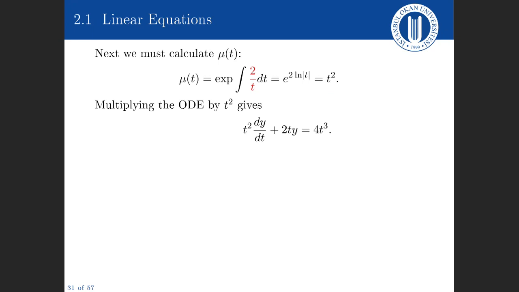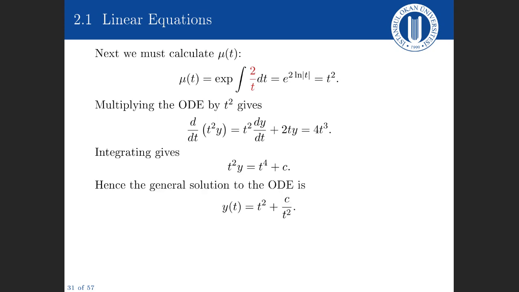So we take our differential equation, in the standard form, and we multiply every term by t squared. If we haven't made a mistake here, the left-hand side is just the derivative of t squared y, just the derivative of mu y. Integrate this. T squared y is t to the power 4 plus c, and then divide by t squared.